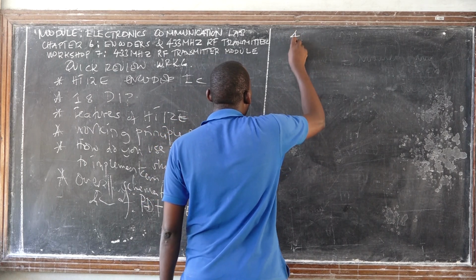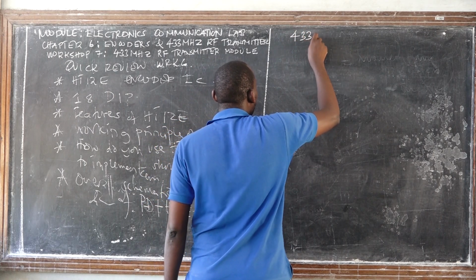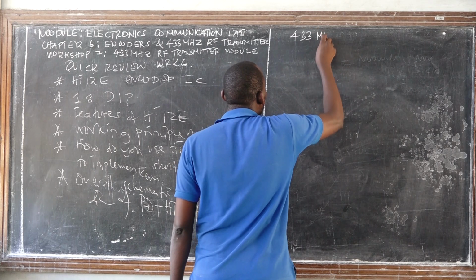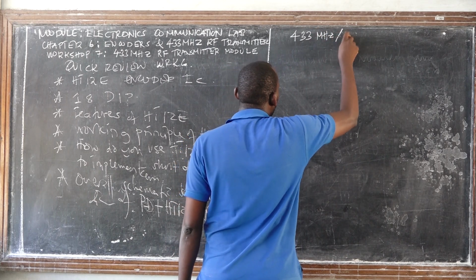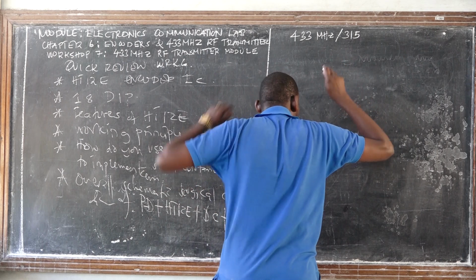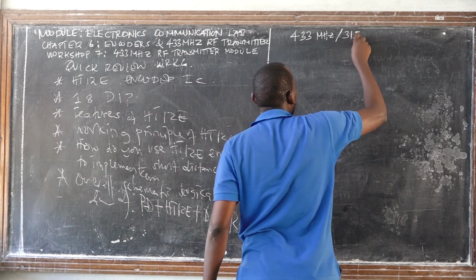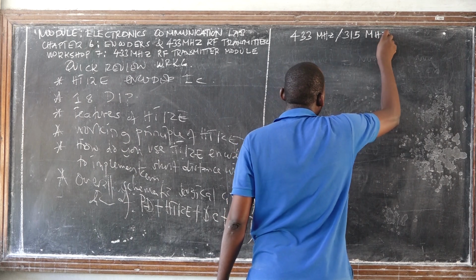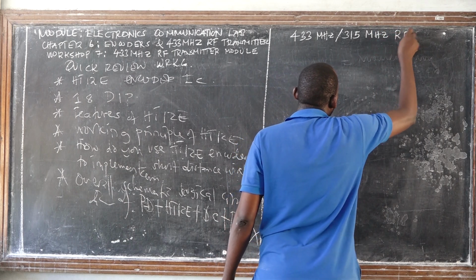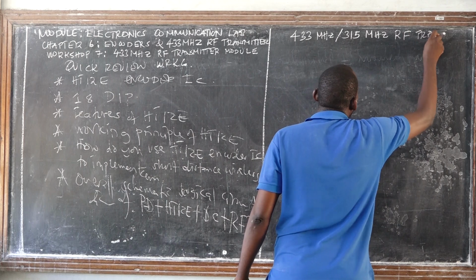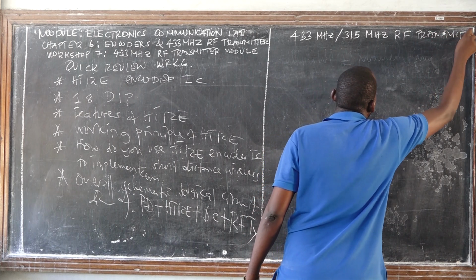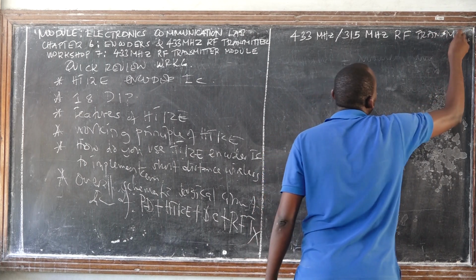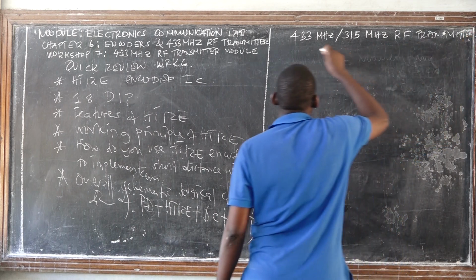We call it the 433 megahertz, or sometimes 315 megahertz, RF transmitter module.